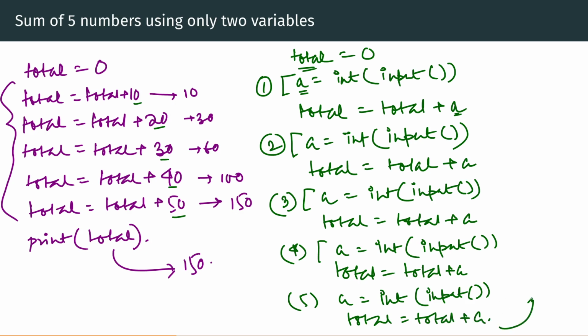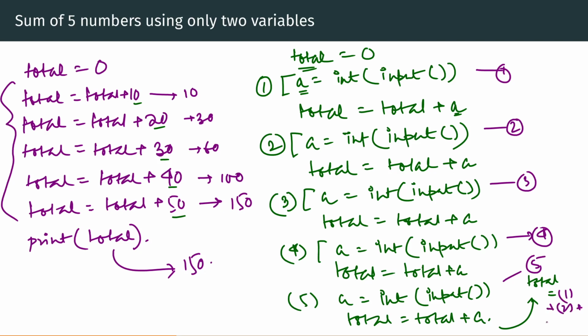And at this point, our total would be whatever the values that the user provided. So this is value one, value two, three, four, five. The total would be the sum of these five values, so one plus two plus three plus four plus five.